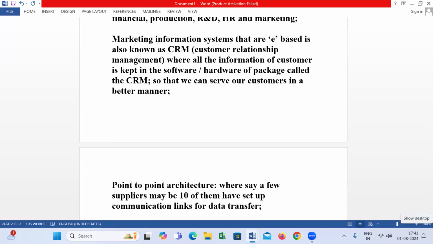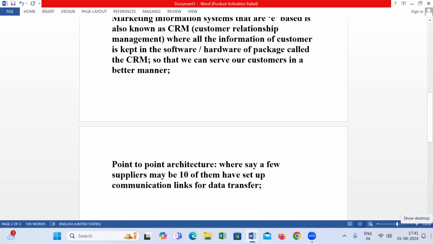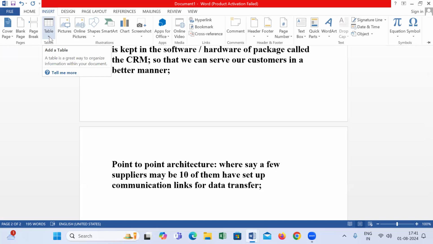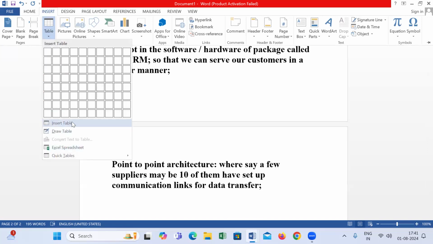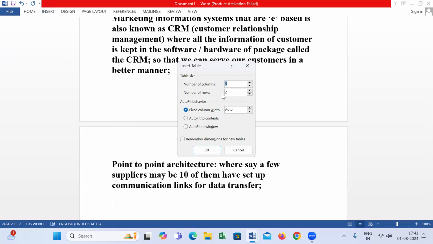So I may say if there are five suppliers, let me put a sort of table that here rows are and the columns are 6, and these are also 6.